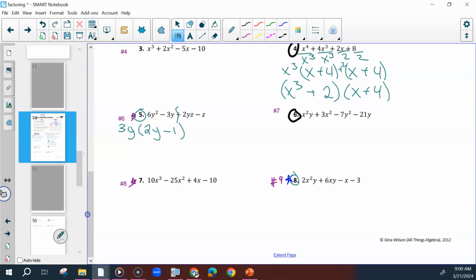And would that be positive or negative? Positive, because of the sign. So plus z. We divide both terms by z. What's left? 2y minus 1. And then what are our two factors? 3y plus z and 2y minus 1. Questions there?